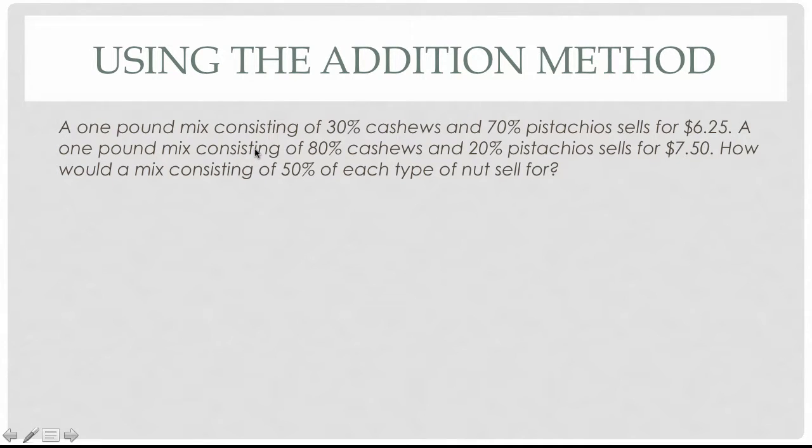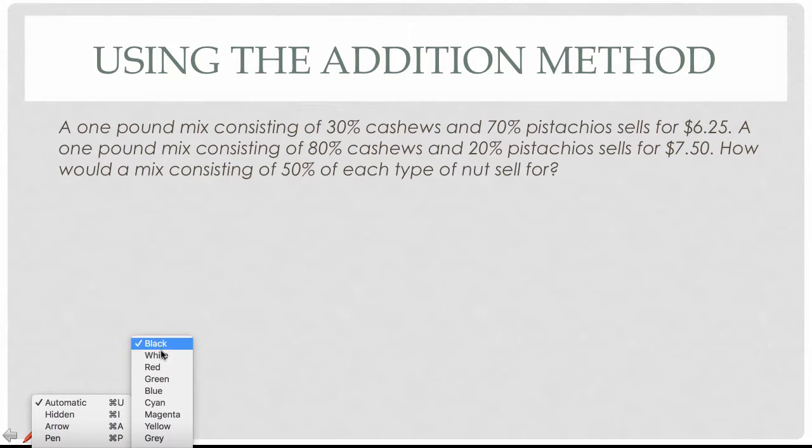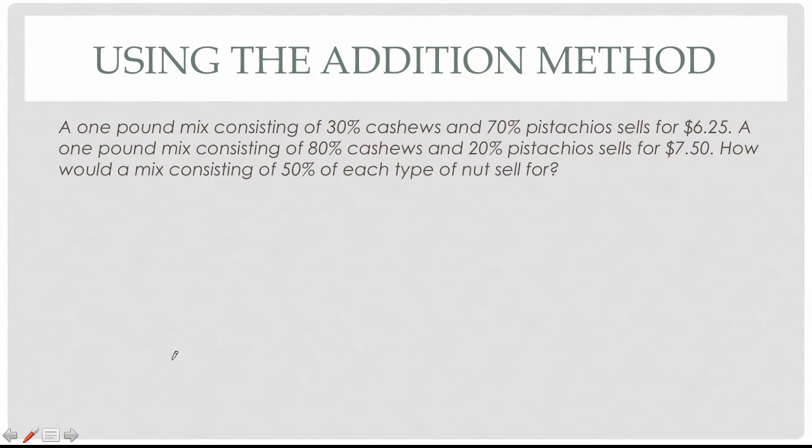Okay, knowing those items, if it's a 50-50 mix, 50% of each type, how much should that mix sell for? All right, we got some work to do, and you might be even saying, what? That's so confusing. Well, let's put it together.